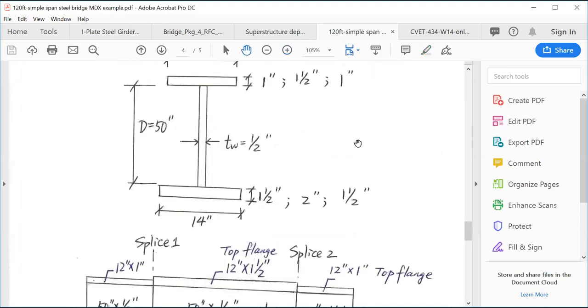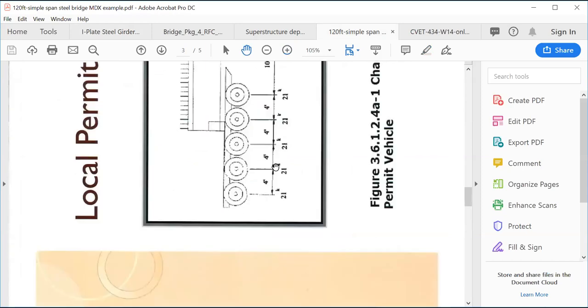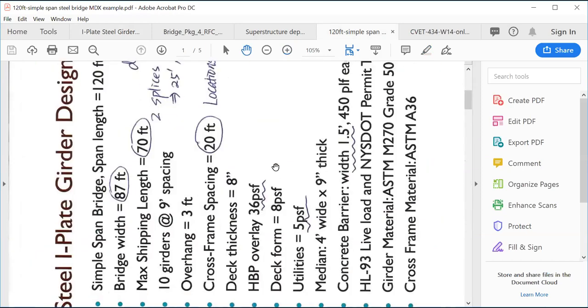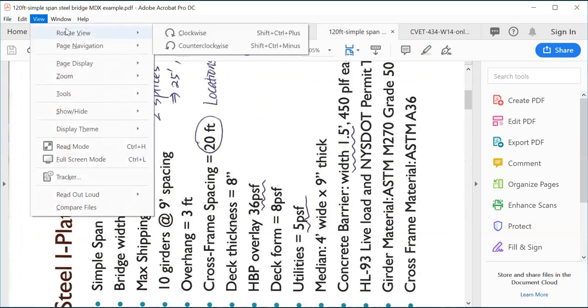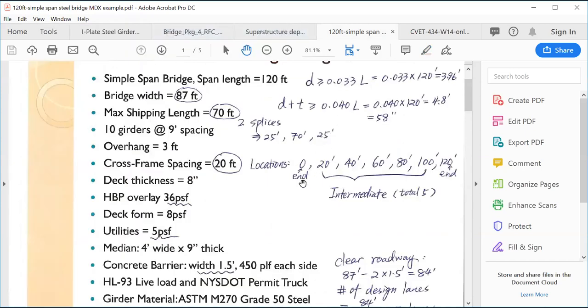Okay, and then let's take a look at the remaining things for the description of the problem. Based on span length, we can roughly determine the size of the girder as a starting point.